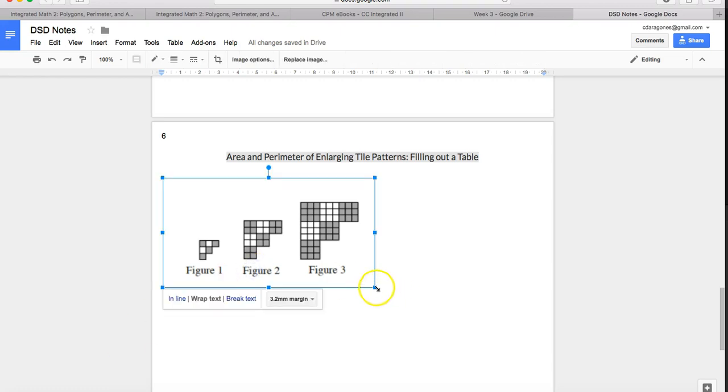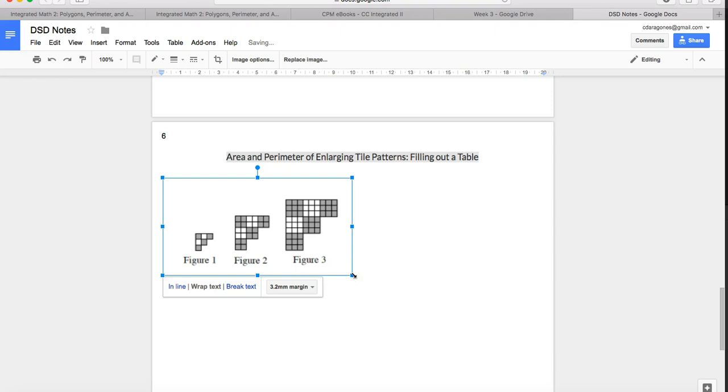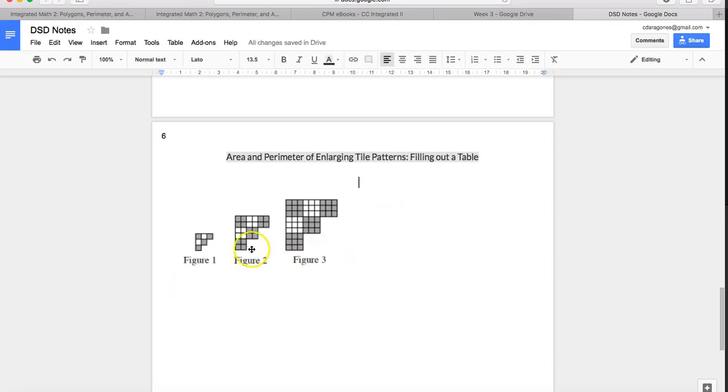Again, it's very important that you get the sizes of these right. As you can see in this particular pattern I chose, the first figure is just 1 square tile per row. And then in the second figure, the number of tiles increases. Instead of just being 1 square tile, it now becomes 2 tiles by 2 tiles, so each square is composed of 4 square tiles.